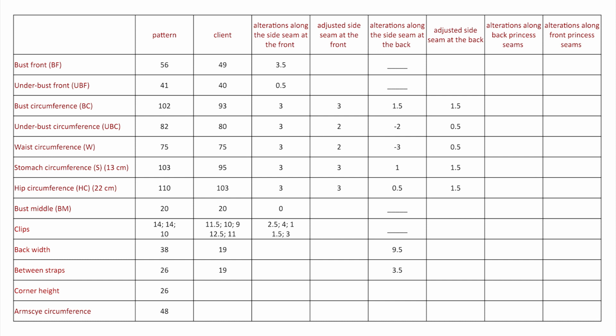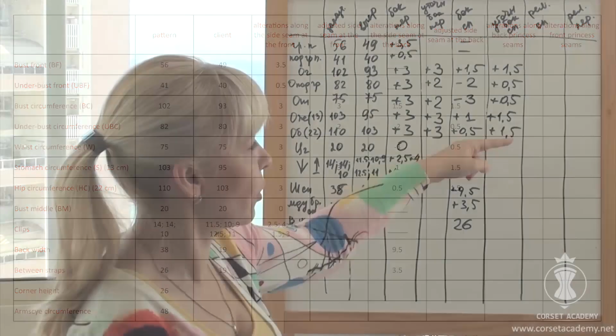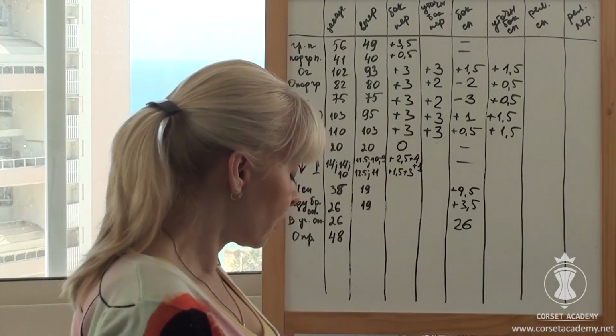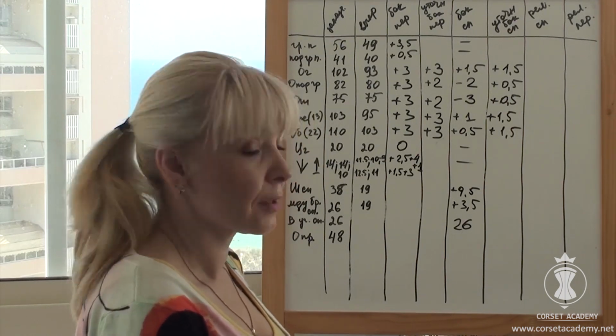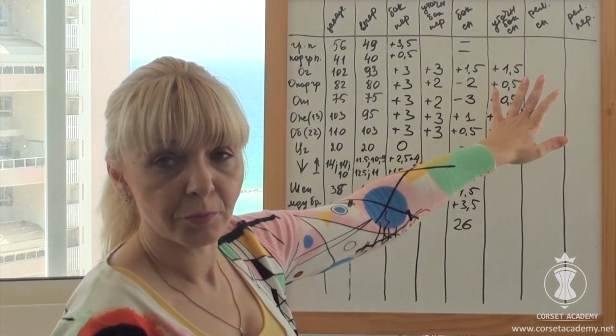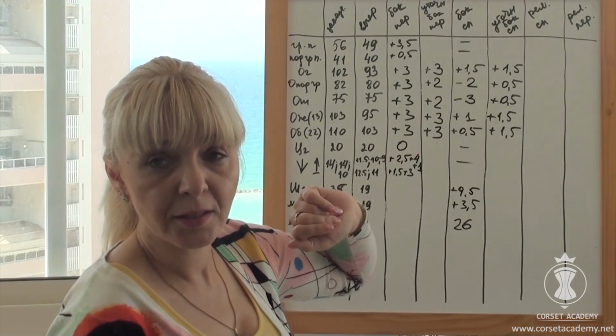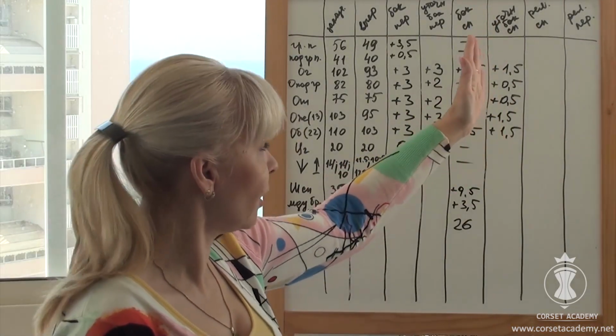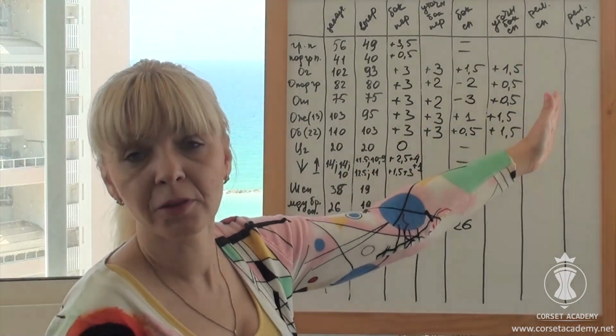The adjustment value in the stomach and in the hips should be the same as along the bust line, 1.5 centimeters, to preserve the incline of the side seam. So, we have made up our mind about the adjustment values for the side seams of the front and back. Since there are extra centimeters left, we will take advantage of the princess seams of the front and back. These are columns 8 and 9 correspondingly.